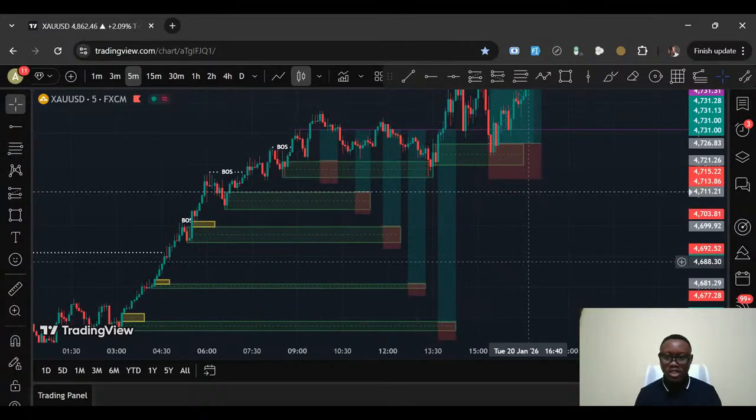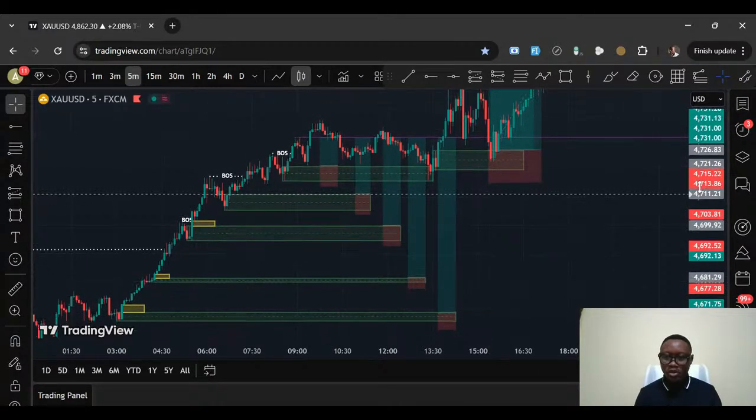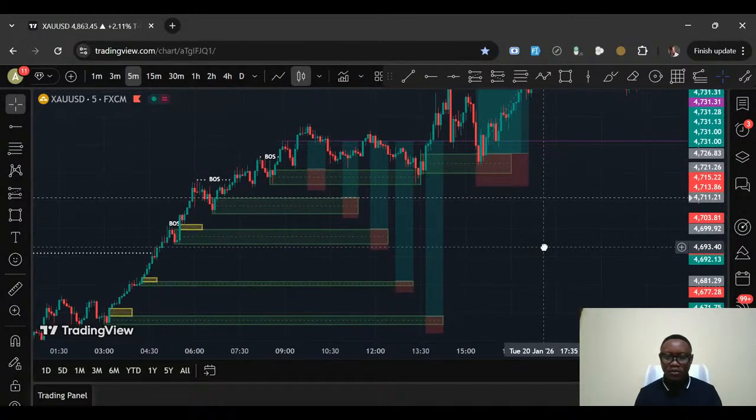Gold has been bullish all this while, so price didn't get to this zone. Like I said in our last session, we don't know what price will do in the future.